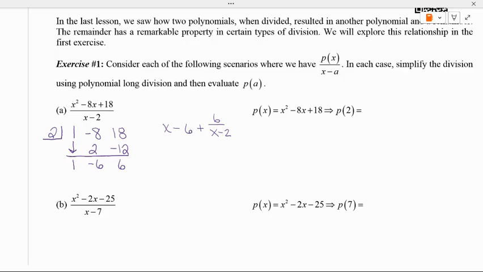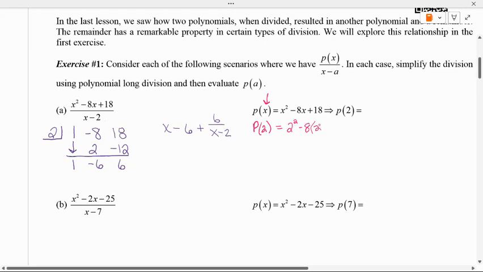So the cool thing is, if I use this function and I evaluate it with my root, the root that I'm using is 2. So if I evaluate for p of 2, meaning I'm just going to plug in 2 for x, let's see. 2 squared minus 8 times 2 plus 18. 4 minus 16 plus 18 equals 6, which is exactly what my remainder was.